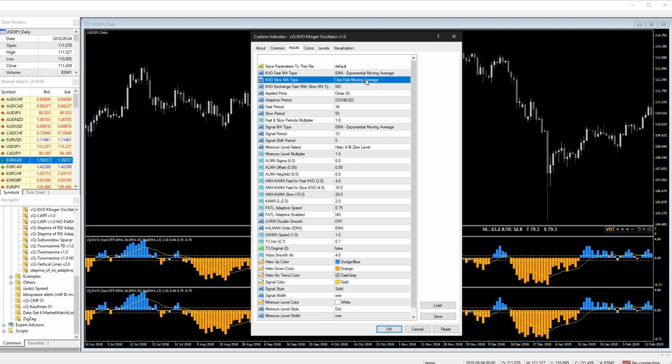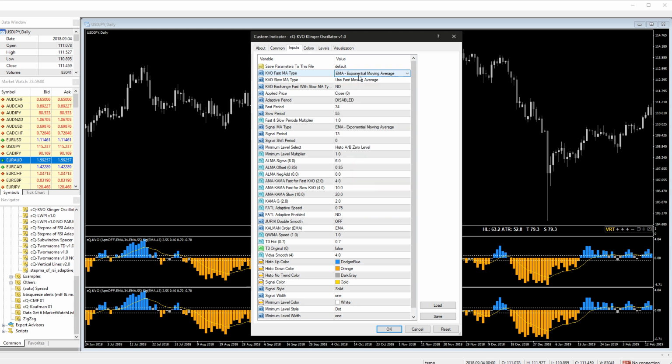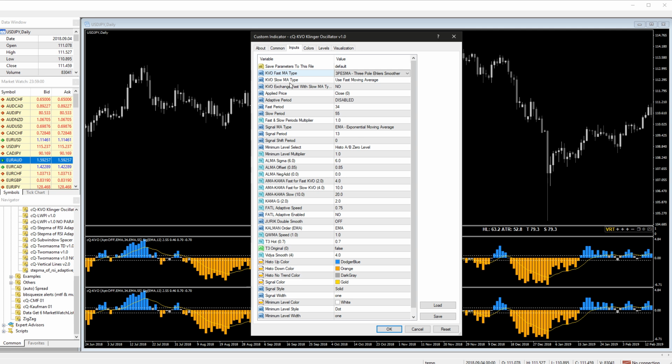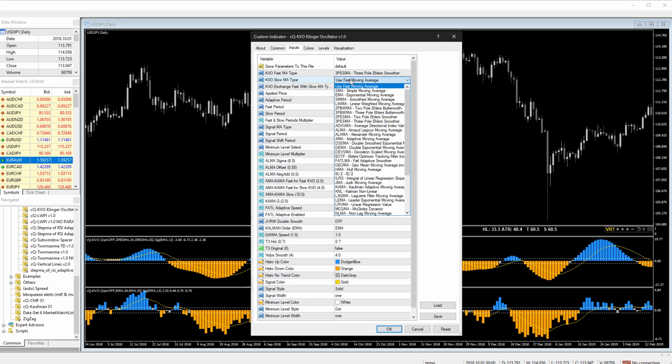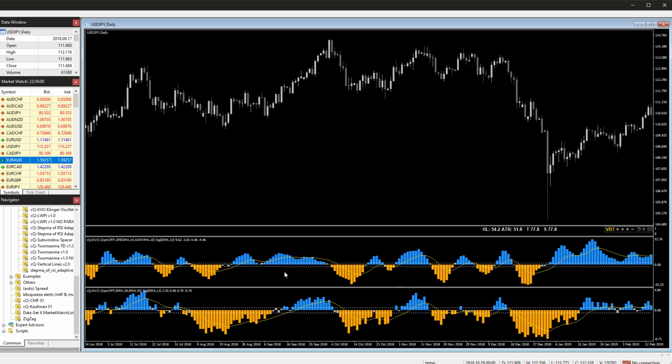But you can change the moving averages to any of these, and you can do it using the same moving average for the fast and the slow, which is what it's set to now, or you can use a different moving average for the slow, and you'd probably have to change some of these just because some of the moving averages are faster and slower.